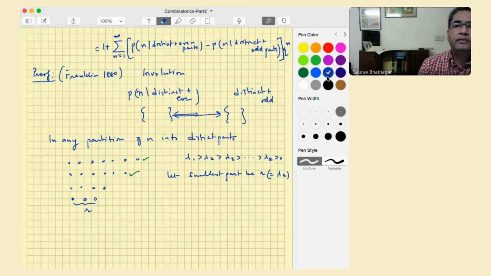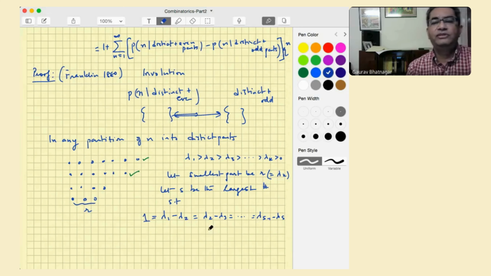So let S be the largest. It's easy to see what it is. It's the largest number such that if you take the differences lambda 1 minus lambda 2, lambda 2 minus lambda 3, until lambda s minus 1 minus lambda s, then the difference is exactly 1.